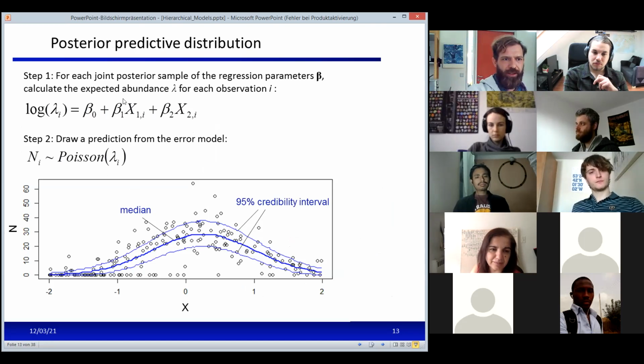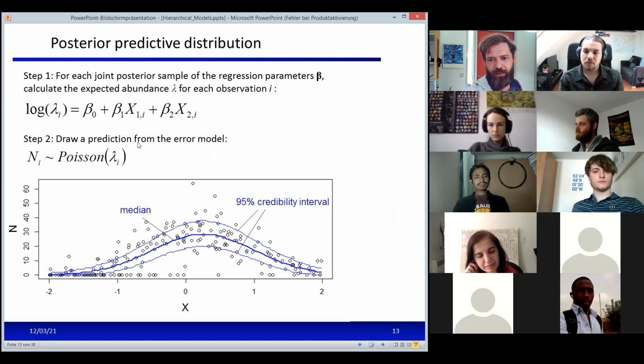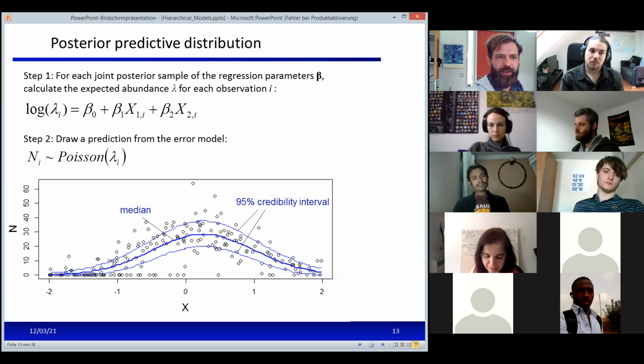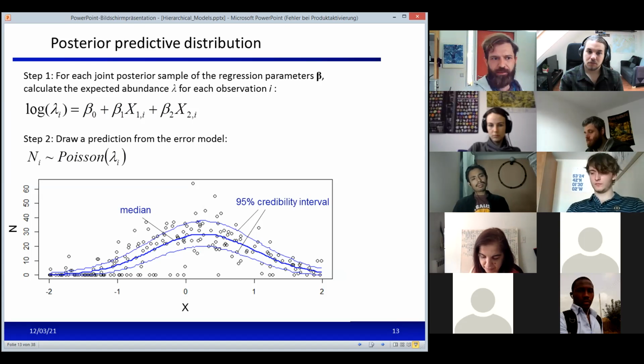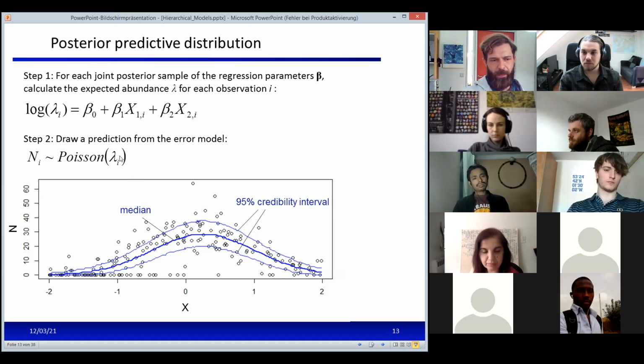And to get this, I can also quite easily process my MCMC sample: for each joint posterior sample, basically for each row in my MCMC output, calculate the expected abundance for all of my observations, and then just for each posterior sample, draw from a Poisson distribution with this calculated mean parameter.